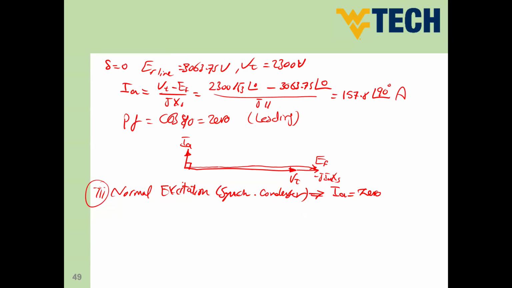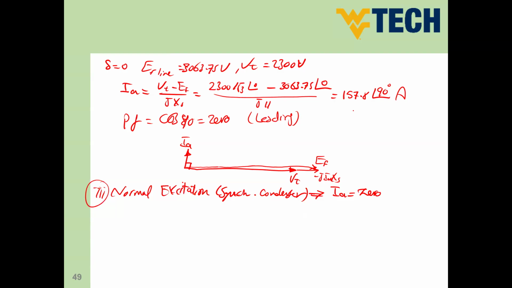And power factor is unity, so this means IA has to be 0 because the power is 0. So this means you would change the excitation volt until having current equals 0.